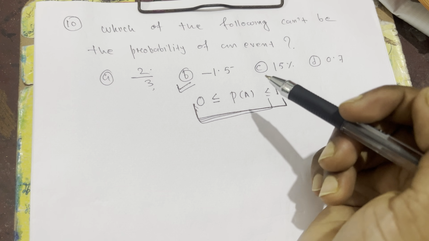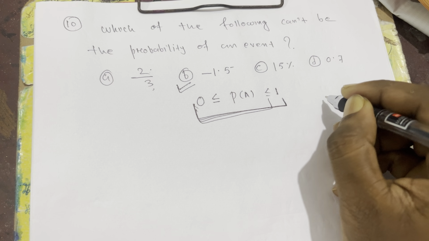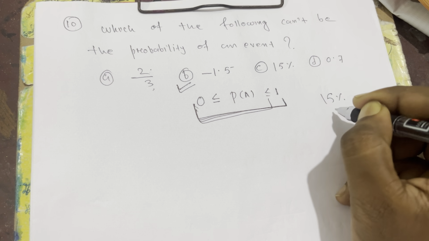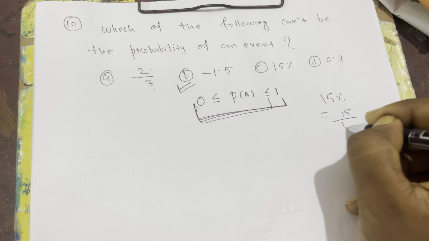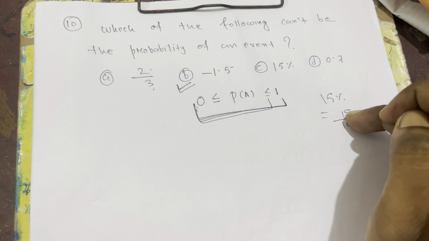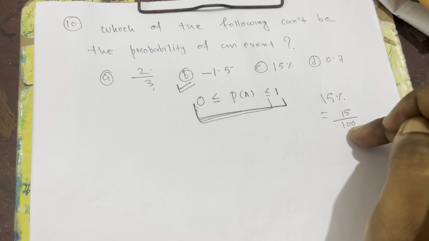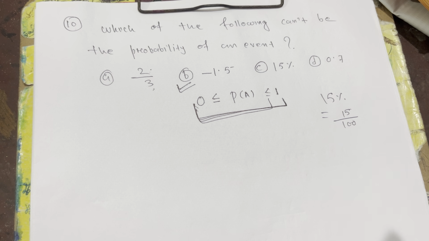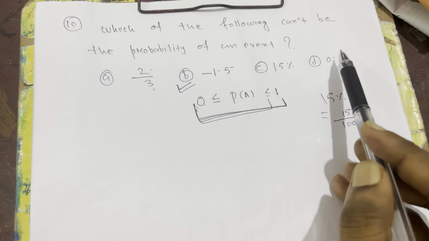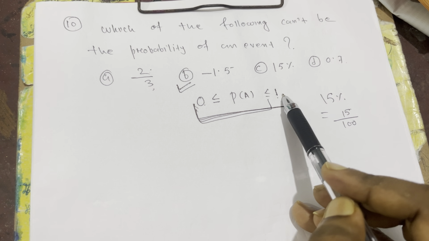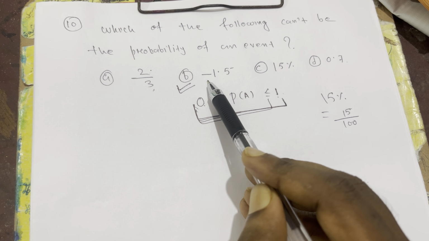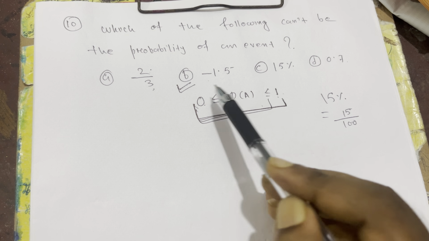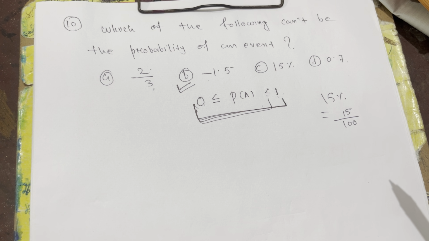15%. If you write it in fraction form, 15% means 15 out of 100. The numerator is a small value, 15, and the denominator is 100. If you divide 15 by 100, you'll get a value in between 0 and 1. So this is also in between. Only this answer is not in the range, that's why option B is correct.